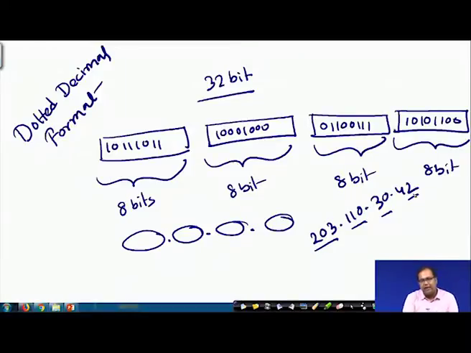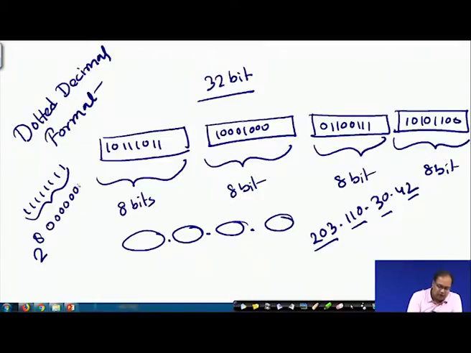Now, if it is an 8-bit integer, that means you can have a maximum up to 2 to the power 8. If you start with all ones, that is the maximum, and you can go down to all zeros.